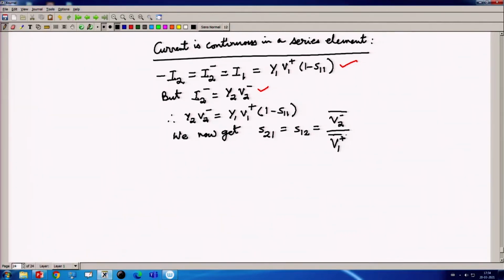Now, if I choose a normalized voltage, the normalized voltage V 1 plus bar is related to the unnormalized voltage V 1 plus by this relationship, that V 1 plus bar is root of Y 1 times V 1 plus.